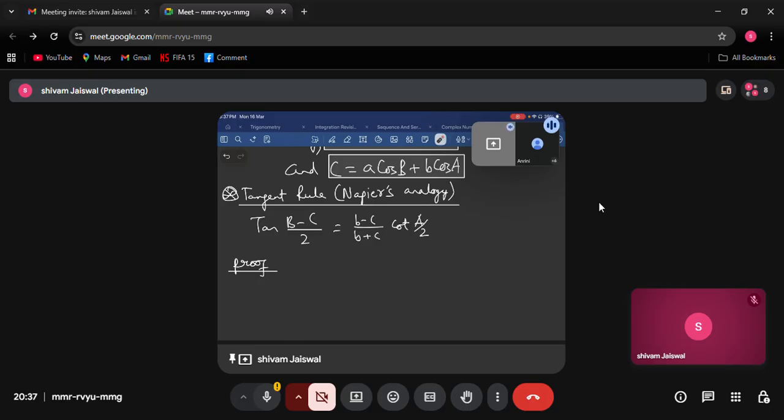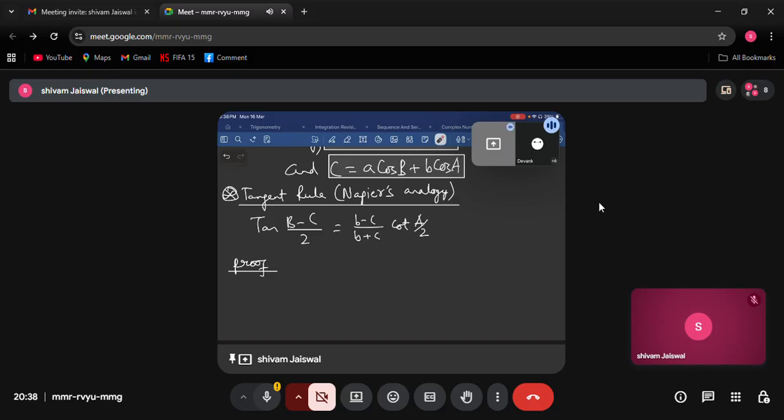There is some rule you might have done in class 7 or 8. Any rule related to ratio and proportion? Does it look familiar? Componendo and dividendo. Nice.